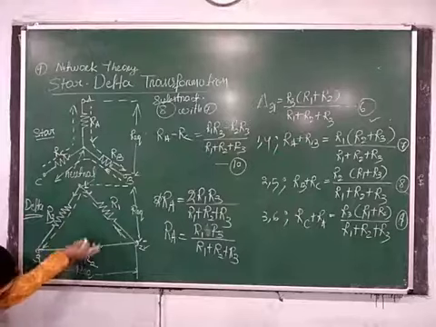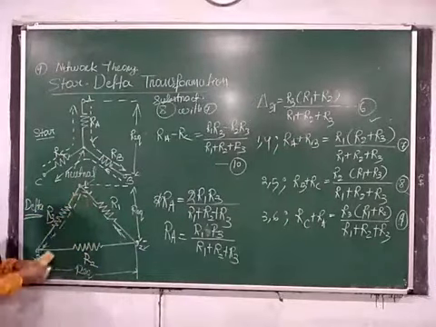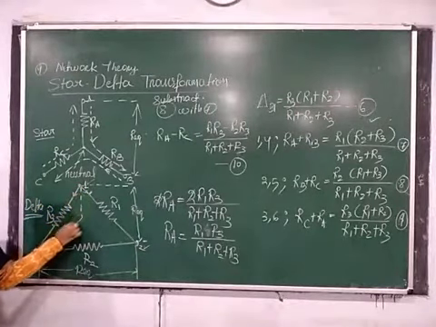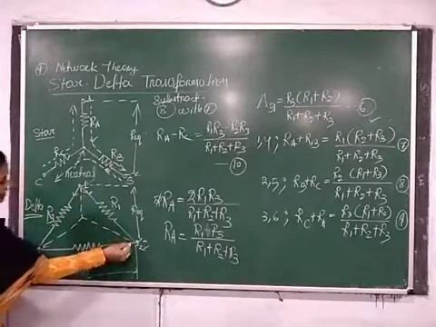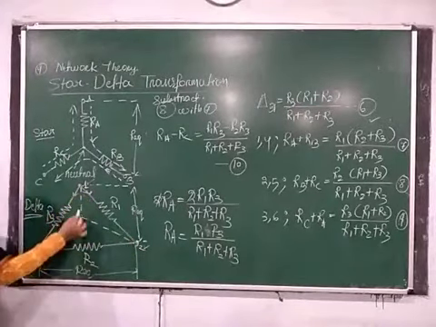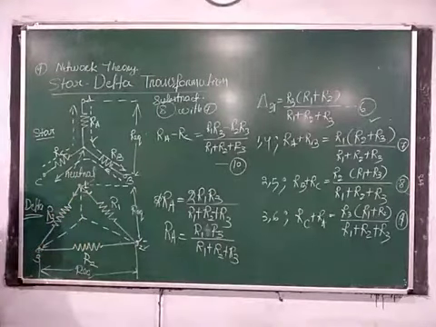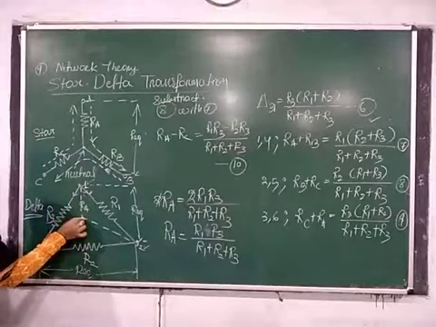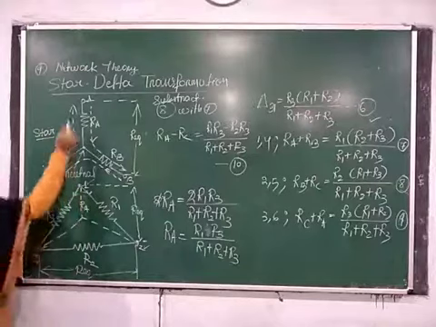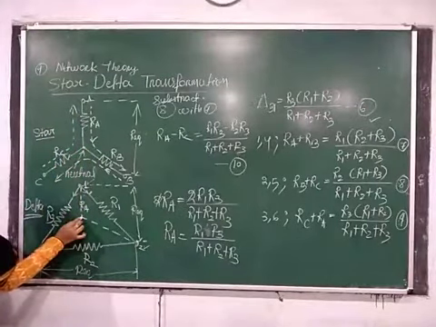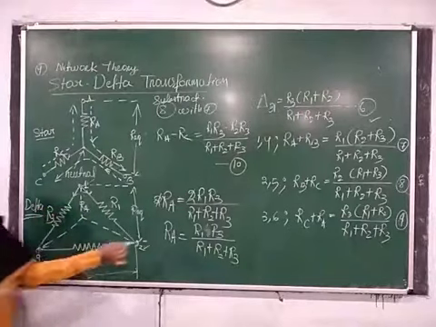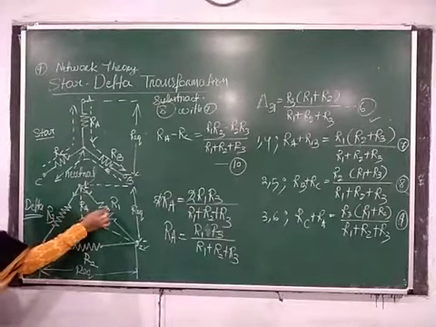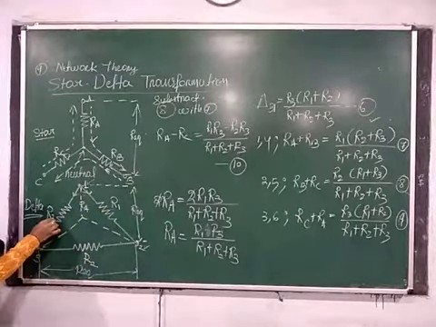If you want to convert this delta connection to star connection for the simplification of any complex network, then this RA star resistance with respect to delta resistance is R1 into R3 divided by R1 plus R2 plus R3.